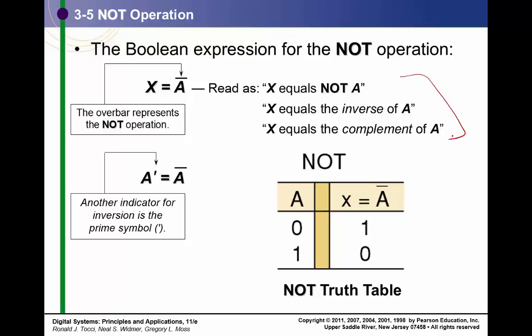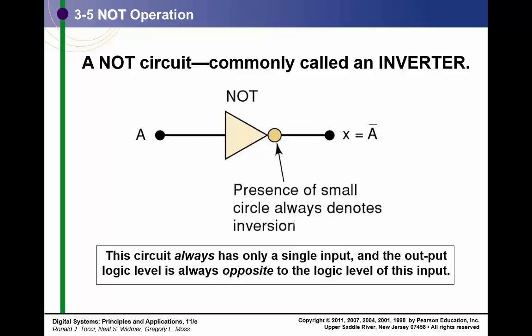Again, I mentioned this before, an alternate way of writing A naught is to put a little apostrophe after the A. And sometimes if you have the symbol over A, B like that, that means we're going to not the product. This is not equal to A not B. These are not the same, and we'll see that here in a little bit.